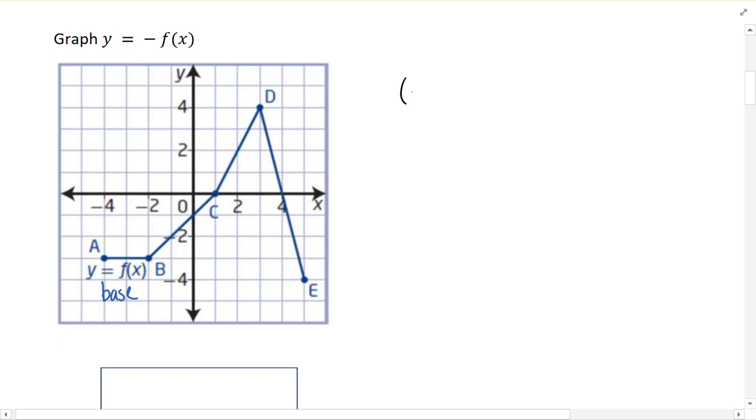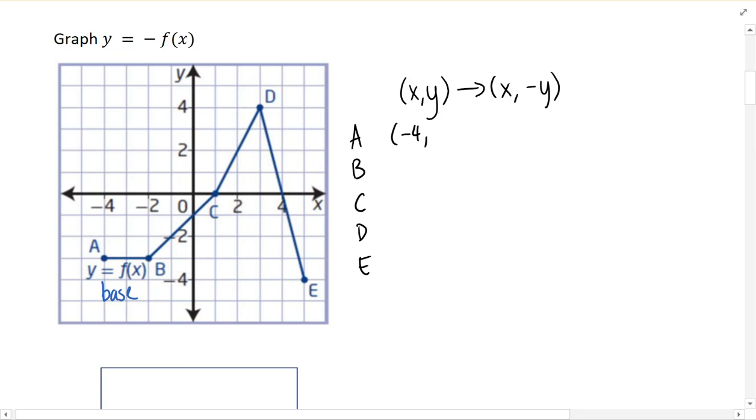Thinking back to our mapping, from our original points, nothing has changed with our input, so that will stay the same, but our output was multiplied by negative 1. Therefore our y value is multiplied by negative 1. At this point, we're just going to take different points from our original graph and transform them.